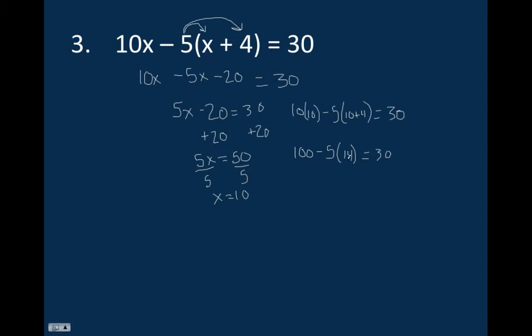Alright, 5 times 14, that's 50. 5 times 10 is 50, 5 times 4 is 20, so that's minus 70. So we got 100 minus 70, which is 30 equal 30. We know that's true. So 30 equal 30, that means x equal 10 is the solution.